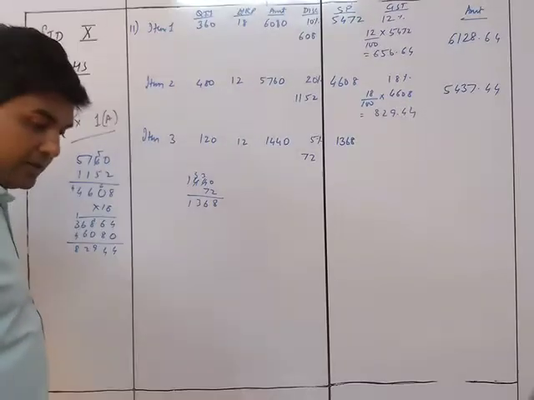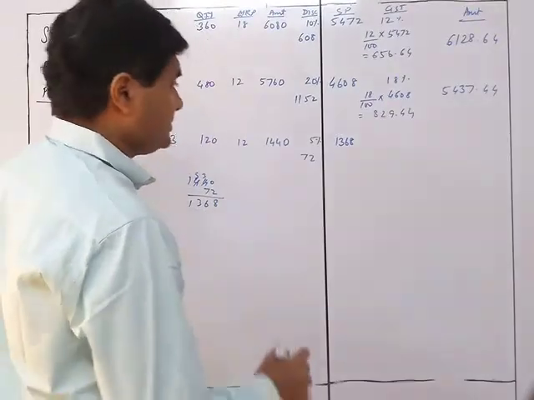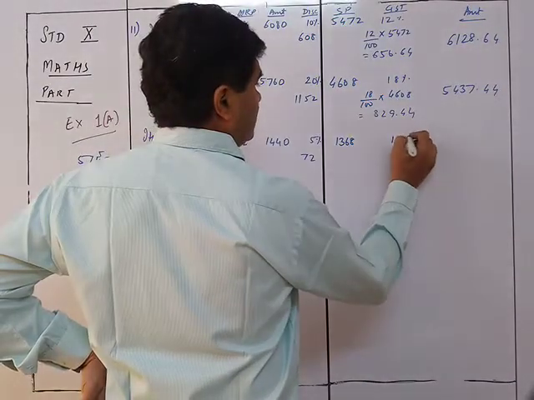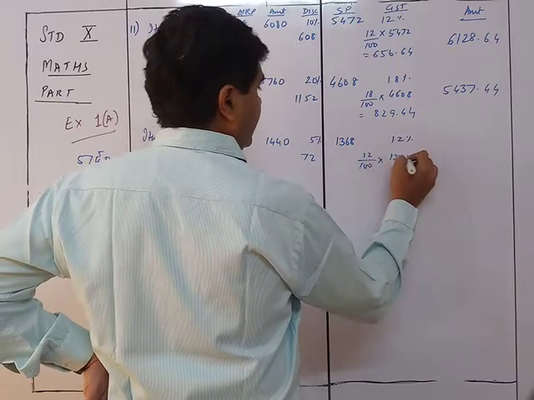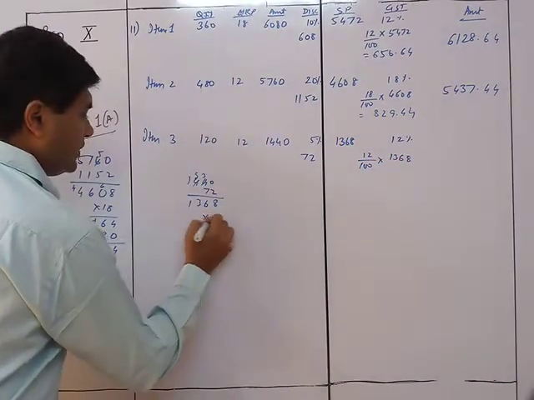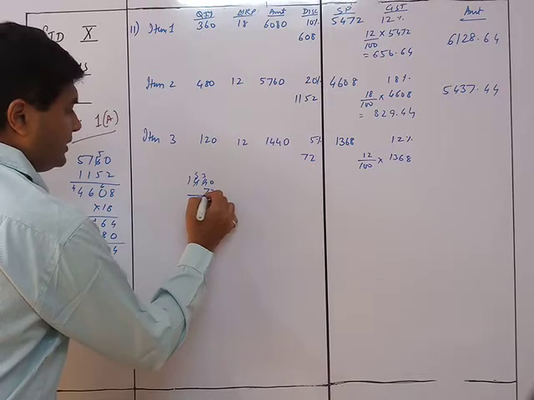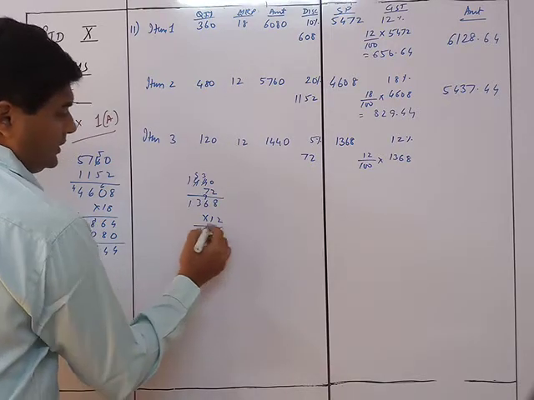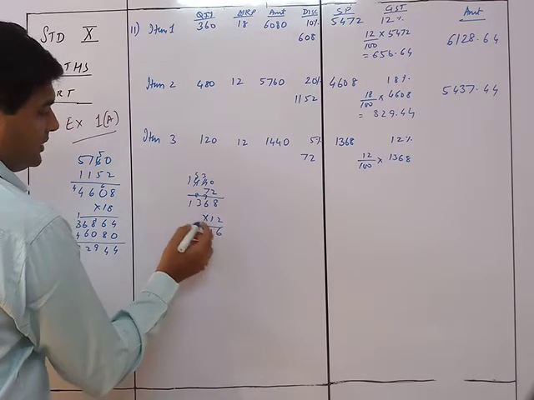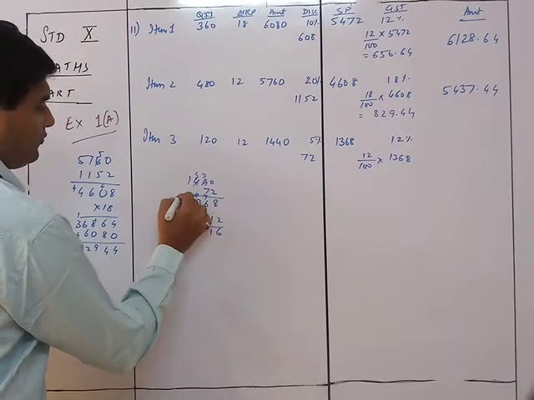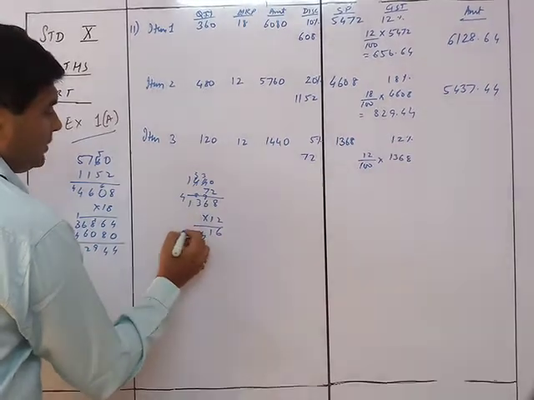Okay, and the rate of this is 12%. Accordingly, it is 12 upon 100 into 1368. So 1368 into 12, 12 8s are 96, 6 are 72, 72, 81, 8, 9, 12, 36, 36 plus 8, 44, plus 12, plus 4 is 16.